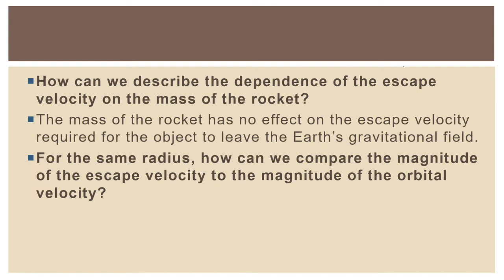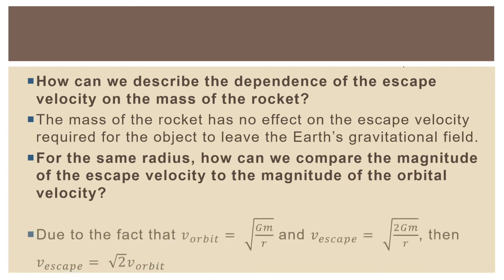Some of you might have noticed that this equation looks kind of familiar, or at least I hope it does. When we were talking about centripetal force and how we can use those ideas to think about orbits, we said if you set the centripetal force equal to the force of gravity, you can come up with an equation for orbital velocity. That equation looks like this.